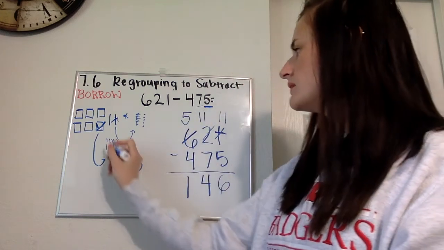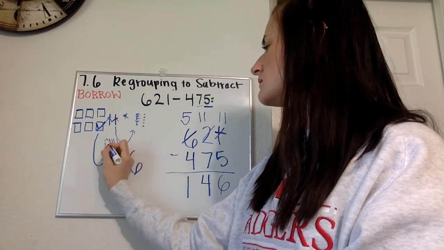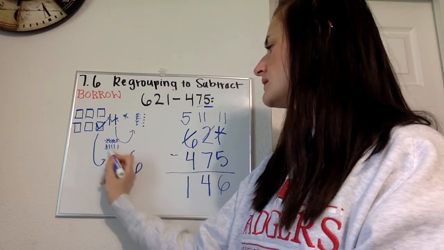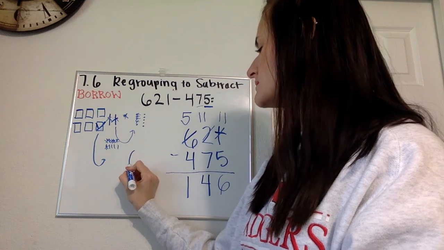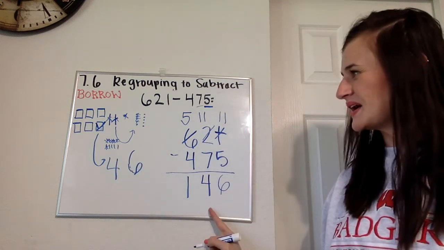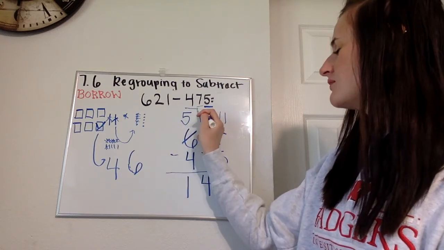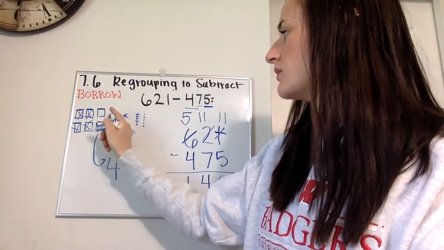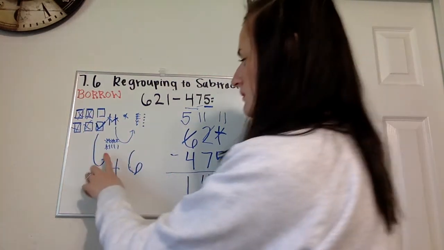Taking away 7. 1, 2, 3, 4, 5, 6, 7. Leaving me with 4. Oops, I'm erasing my 6. So far, so good. And now we need to take away 4 hundreds. 1, 2, 3, 4, leaving me with 100.